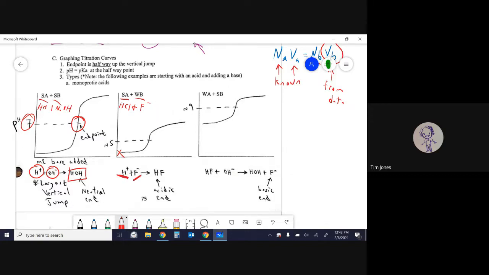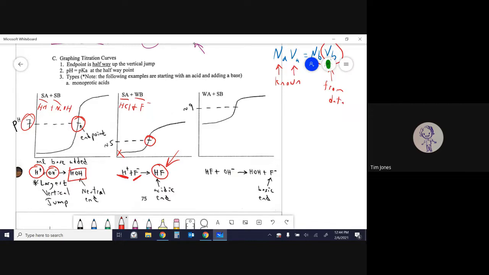We have accidentally been making HF the entire time. As we add the weak base F minus to this, we have been unintentionally making this stuff, which is a weak acid. So the endpoint will not be at 7. It will be slightly acidic, and that's why this one is, in this case, I just made this up, for example, wouldn't necessarily be 5, but I just gave something that had an acidic pH.